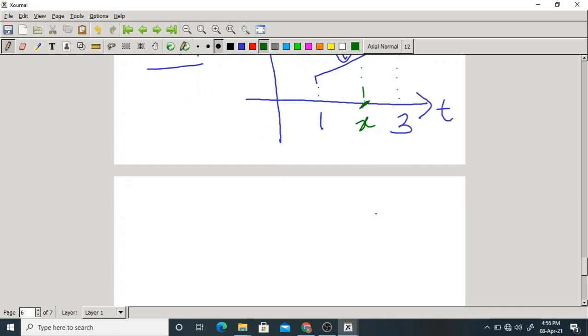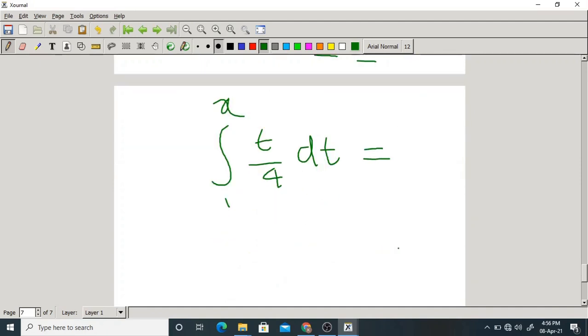Then what happens now? Integration from where to where? 1 to x. Integration from 1 to x of t by 4 dt. What does it become? Integration of t by 4 is t square by 8, with limits from 1 to x.